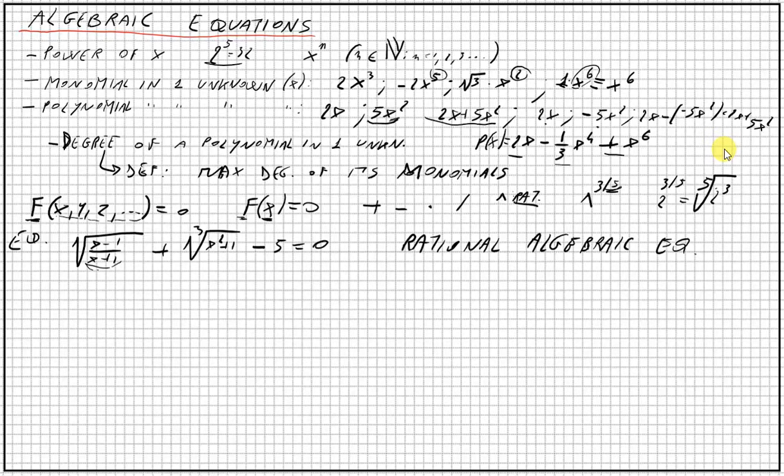The only exponents considered are integer. So I cannot have 3/5 as an exponent. For example, that means I cannot have a root of the unknown.